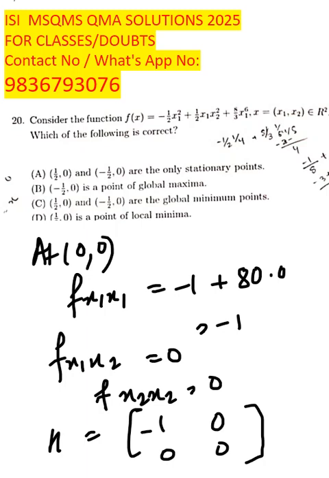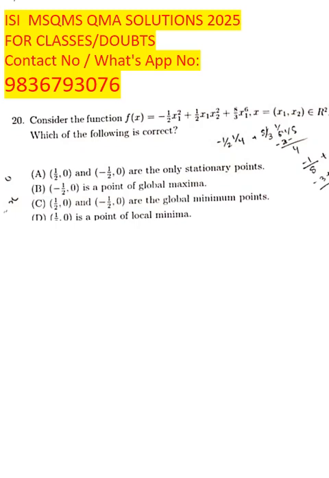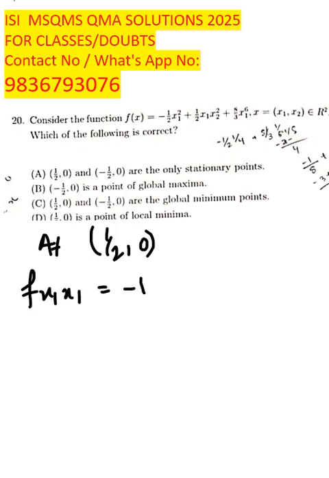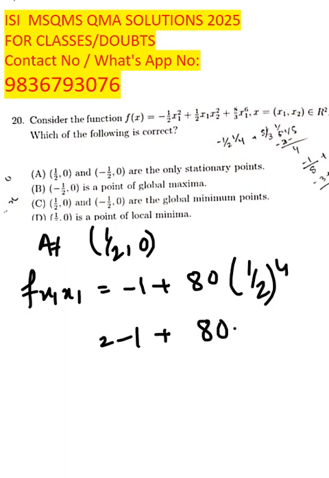So at 1/2 comma 0, f x1 x1 is equal to -1 + 80 (1/2)⁴, so it's -1 + 80 times 1/16, so it's -1 + 5, that is 4.